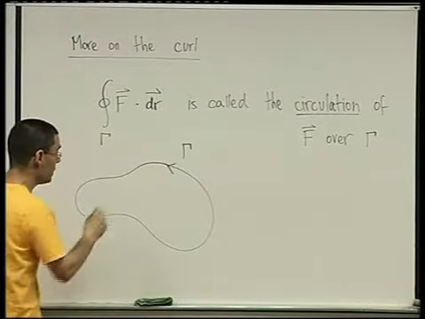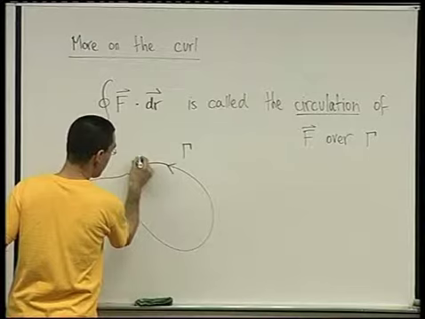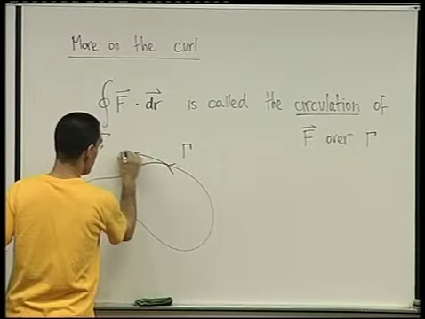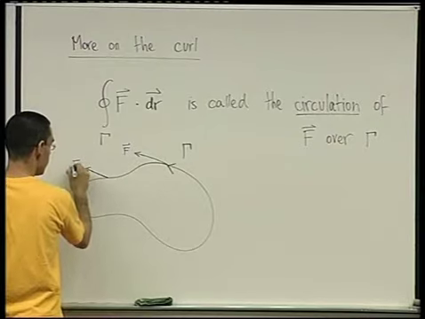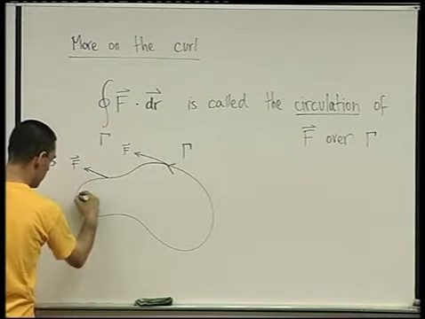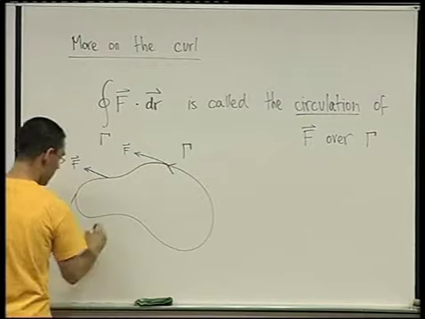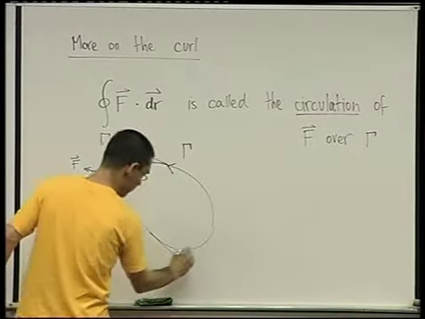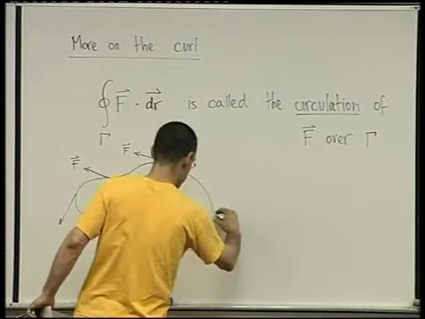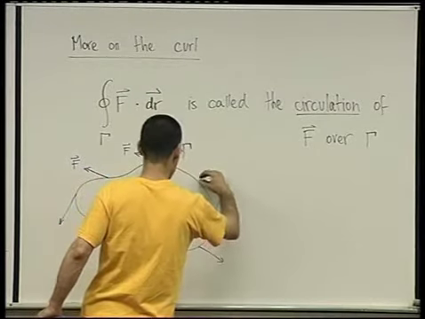That's why it's called a field. Suppose that F at this point looks like this, and at this point it looks like this, and like this, and like this. I don't know, something like that.